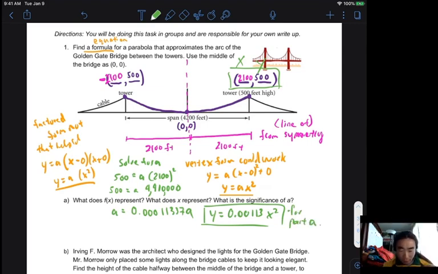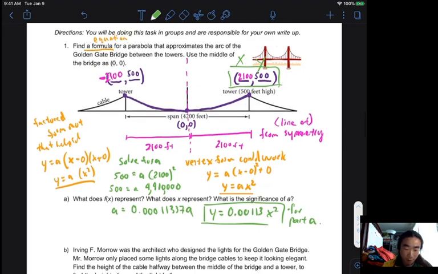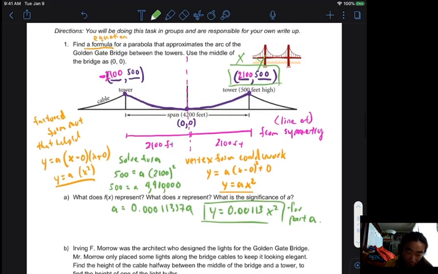I misspoke: factored form or vertex form helps you out here. I think it's the second problem where vertex form ends up being way more useful than factored form. Okay, that's part 1. What does f of x represent?